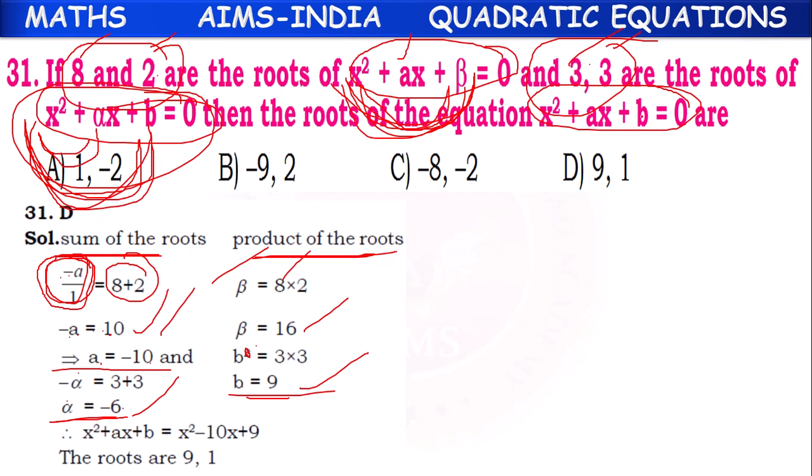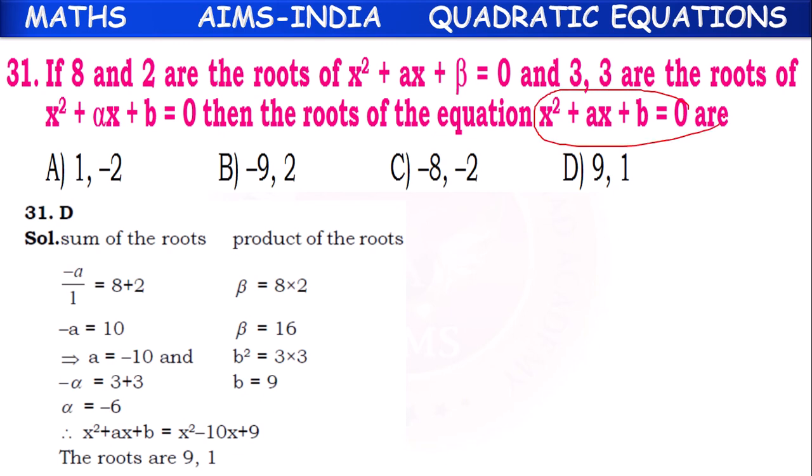Now we have to find roots of this equation, x square plus ax plus b equal to 0, which is equal to x square minus 10x plus 9.